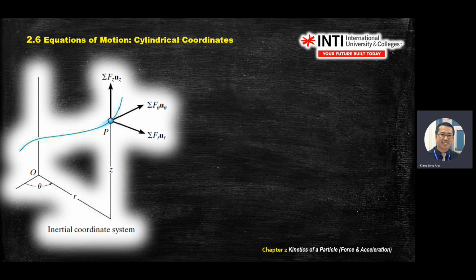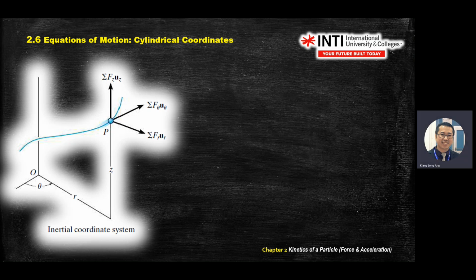Radius always goes outside from the curve. R, radius, means when you're describing a circle, the circle becomes bigger and bigger, so the radius is always increasing. That's why on the diagram here, the R is positive when you're going out from the curve.